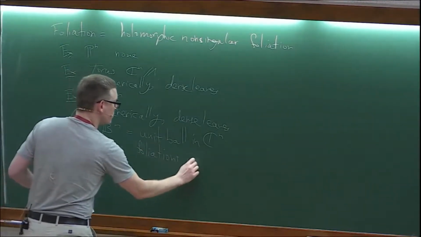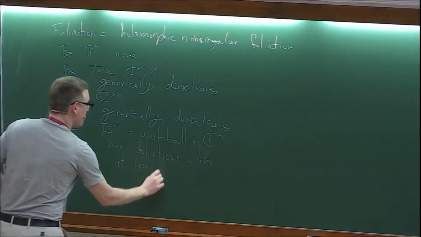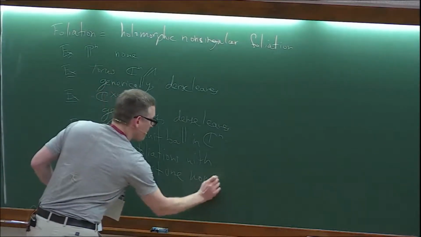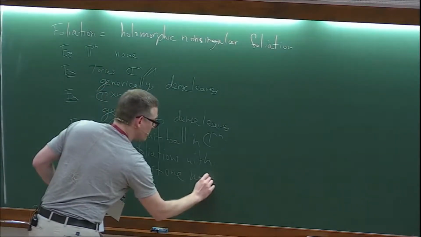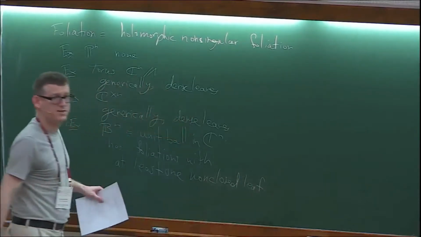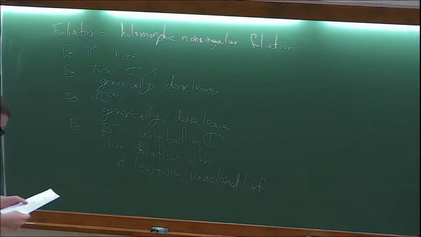It has foliations with at least one non-closed leaf. Okay, so we don't really understand very well what happens with the ball. What are the possible foliations? It's surprising that it's a very simple object, and we don't really know much about its foliations.